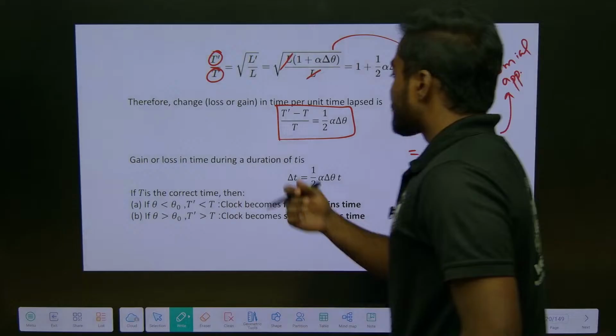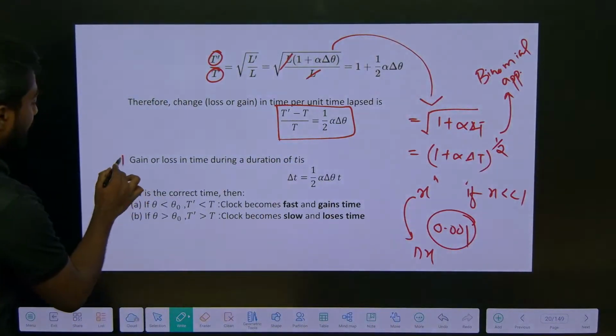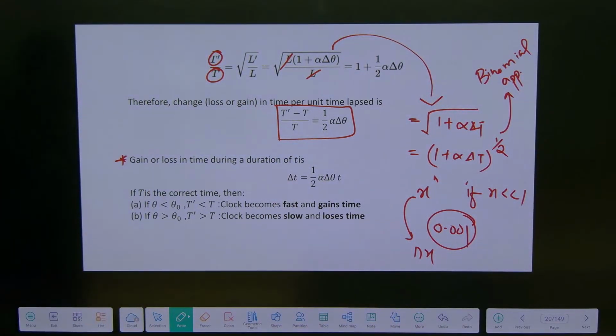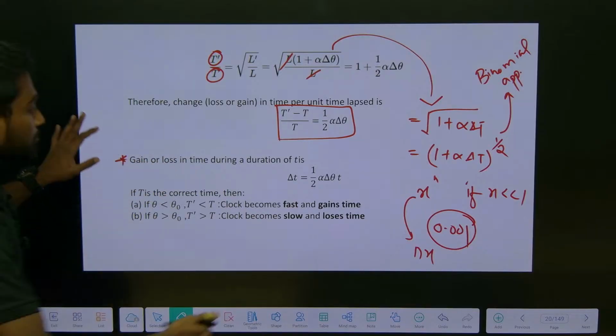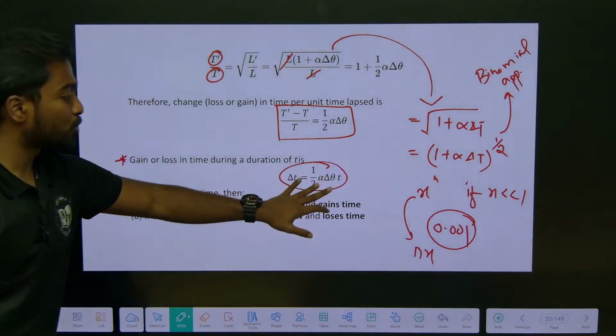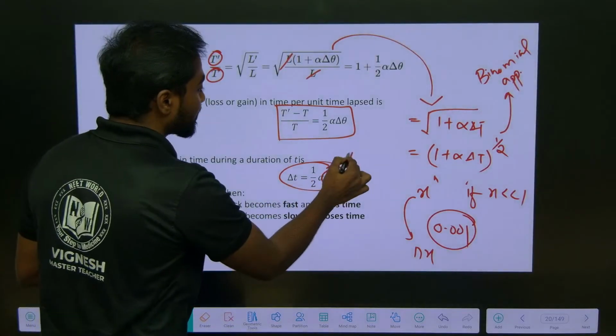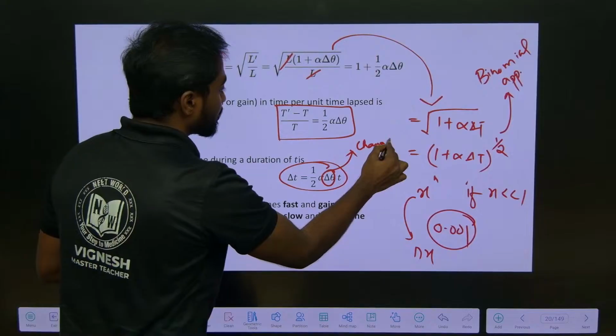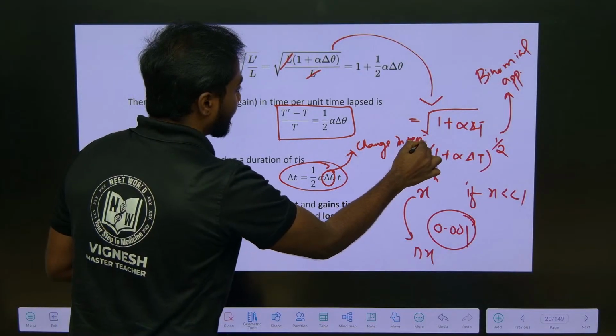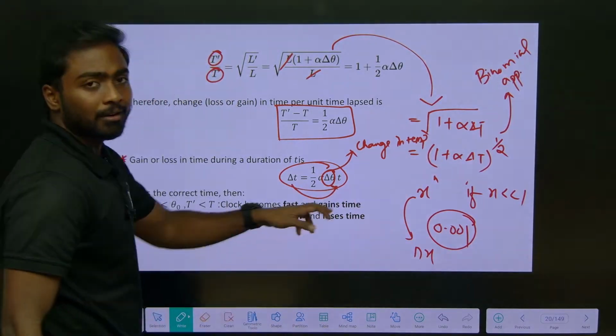So if you listen here, gain or loss in time is nothing but delta T equal to half of alpha delta theta, where delta theta is the change in temperature, and we are taking this T to the other side.